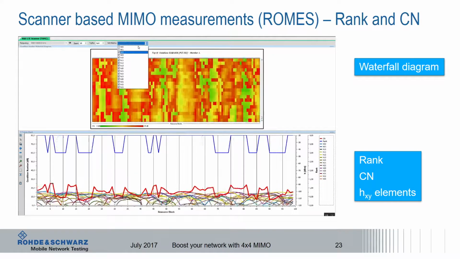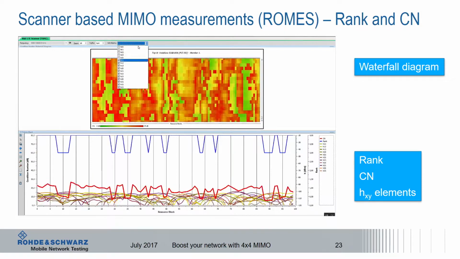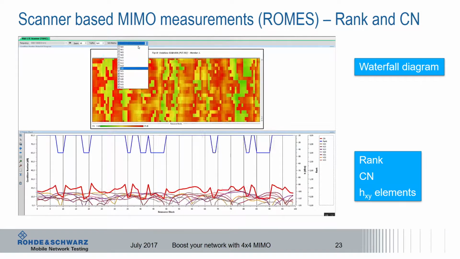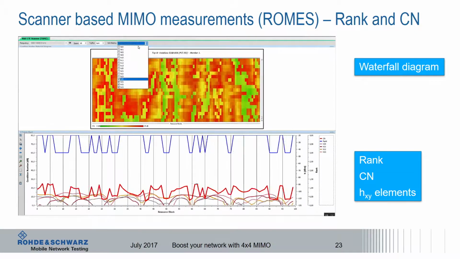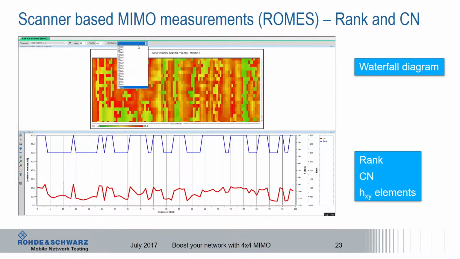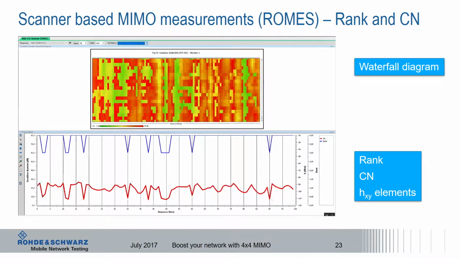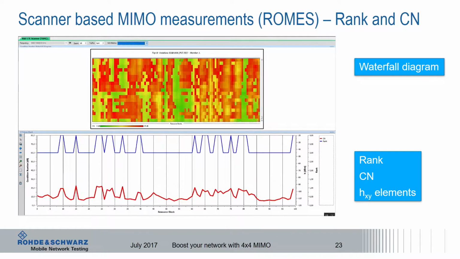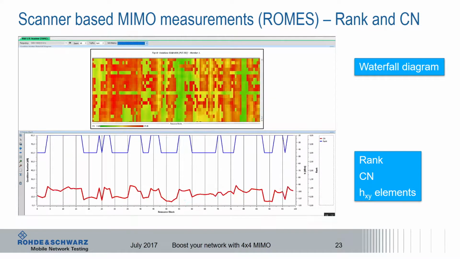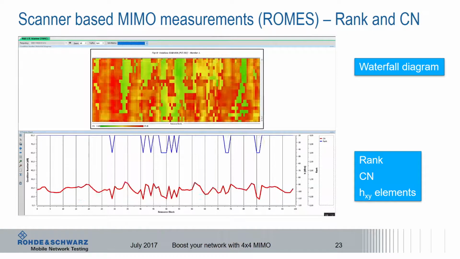In the lower part, you see a huge amount of line charts. At the bottom, you see the individual measurements for the H matrix, which are now switched off. What remains is the rank in blue and the condition number in red.